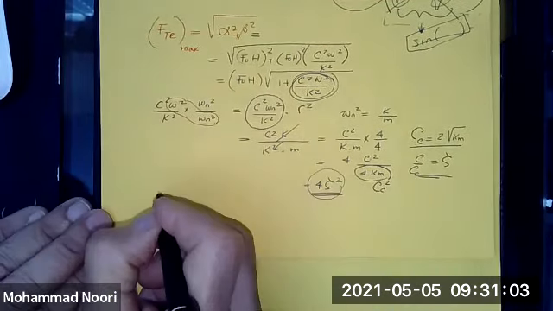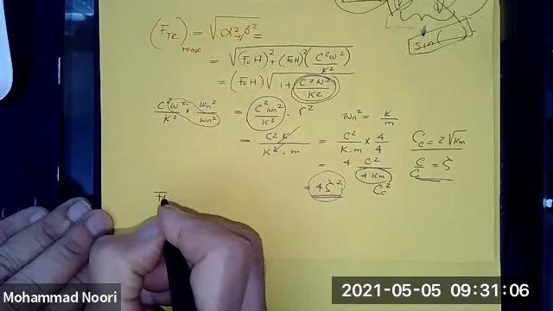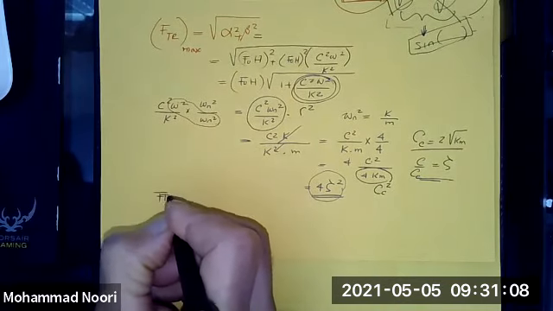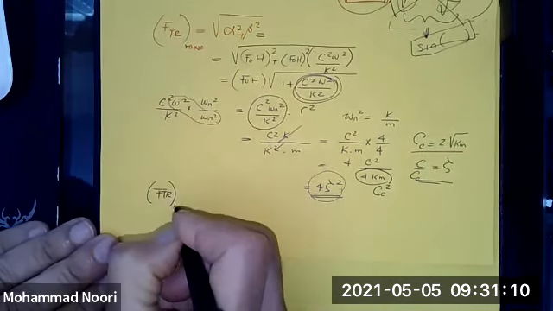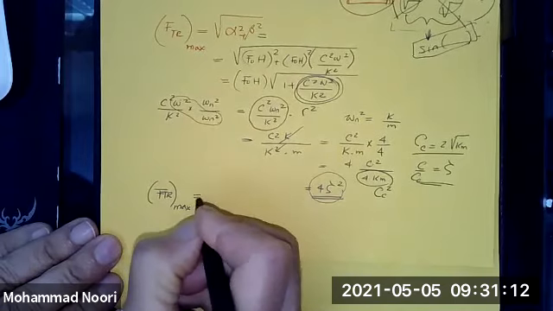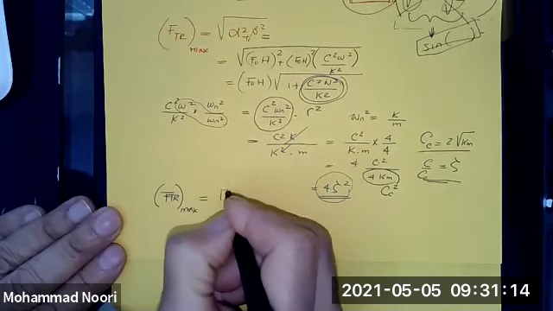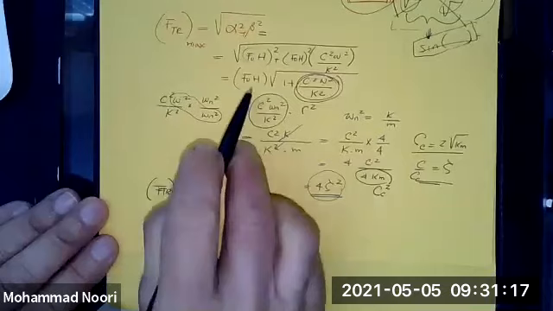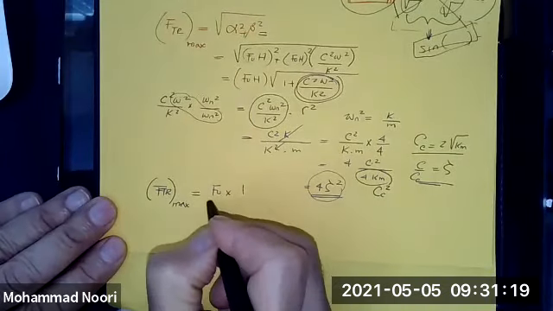So therefore, that maximum force transmitted becomes what? F0 times H, which is what?